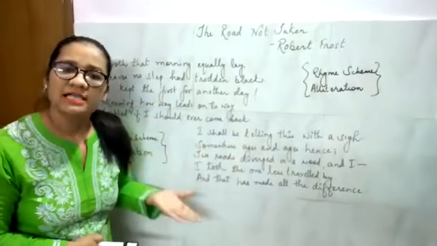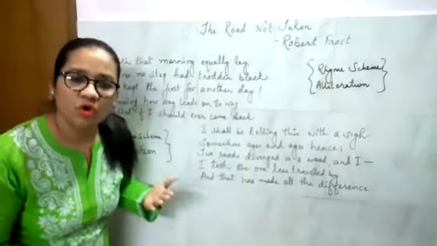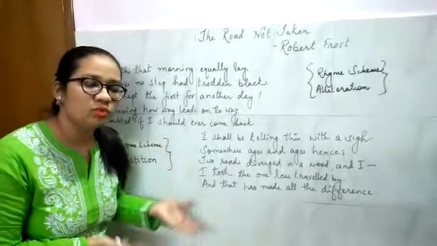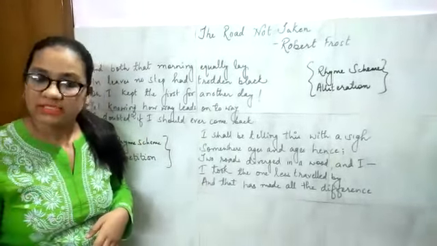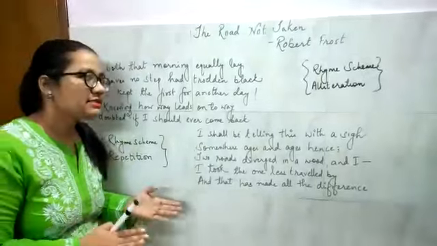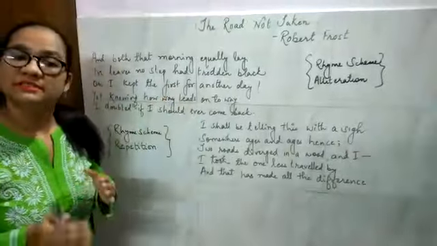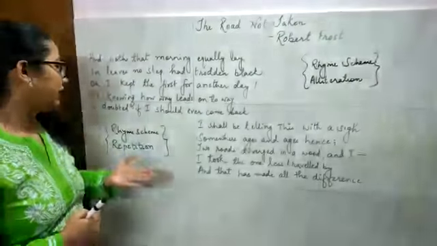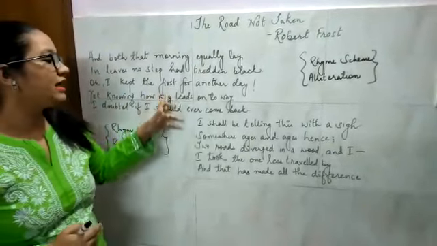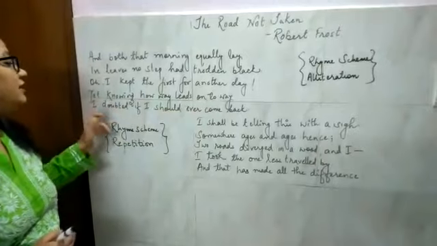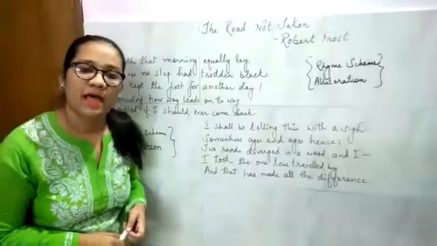As people think, we have two options, if we choose one we can travel on the second one another day. Similarly, Robert Frost also left the first path for another day, yet knowing how way leads on to way, I doubted if I ever should come back.